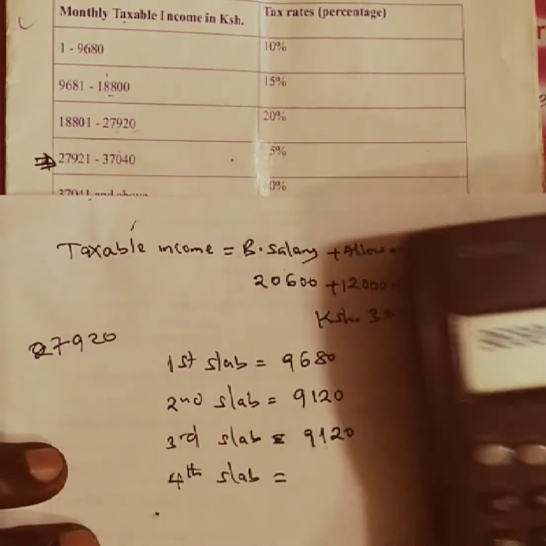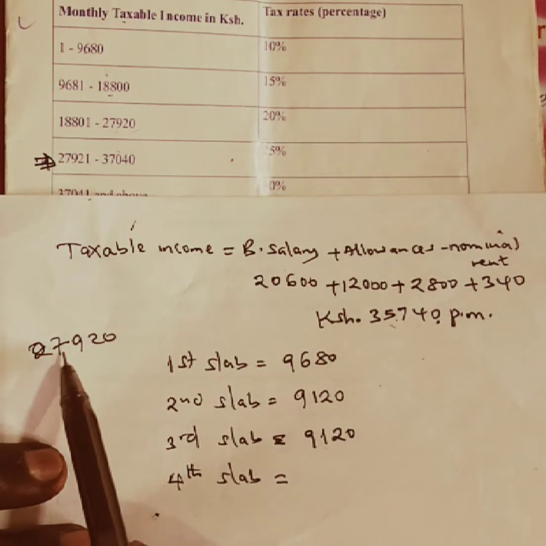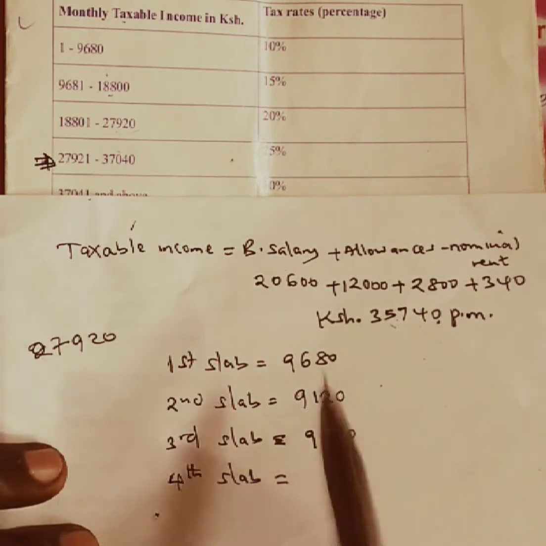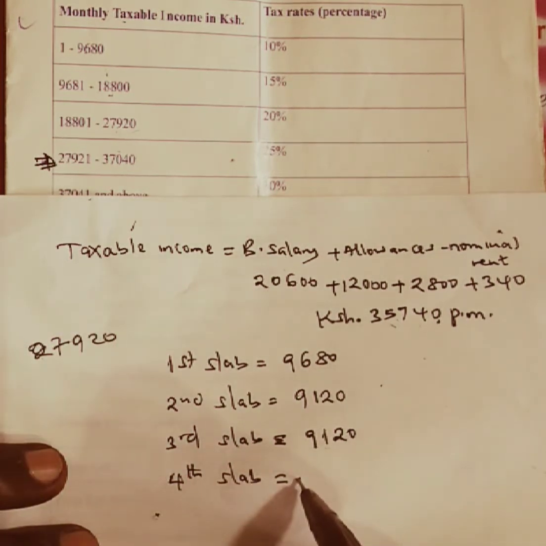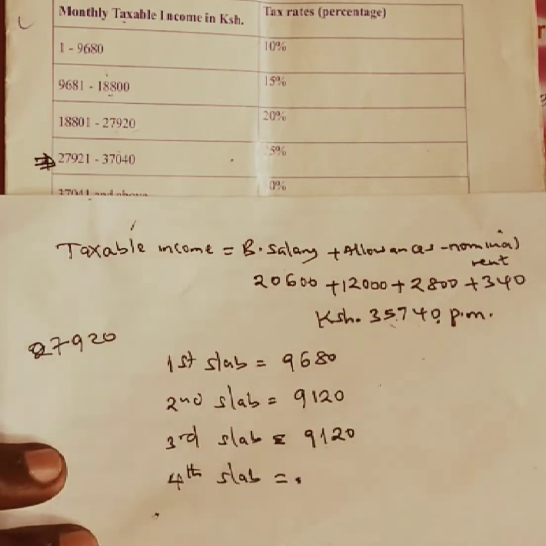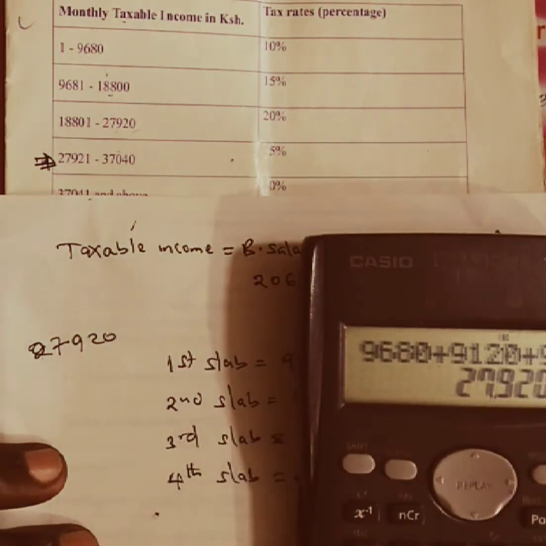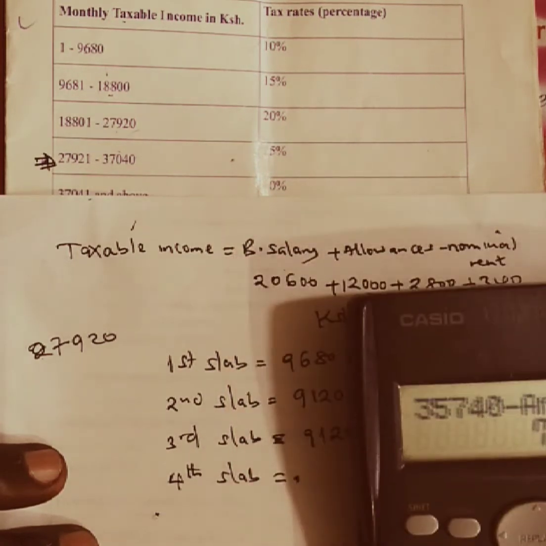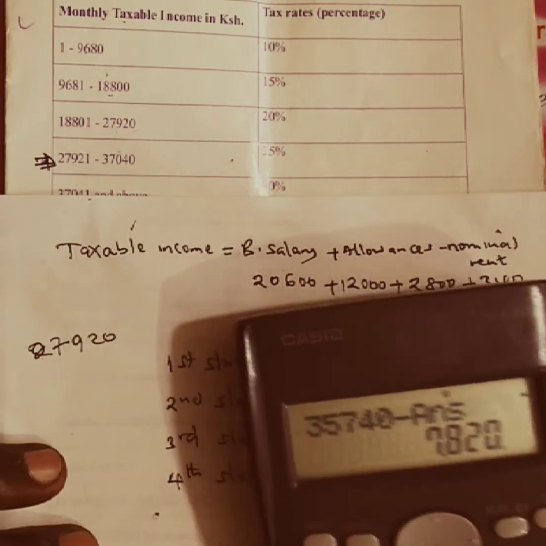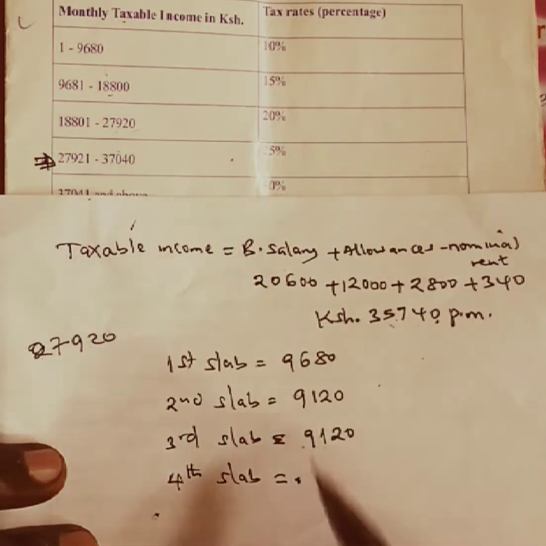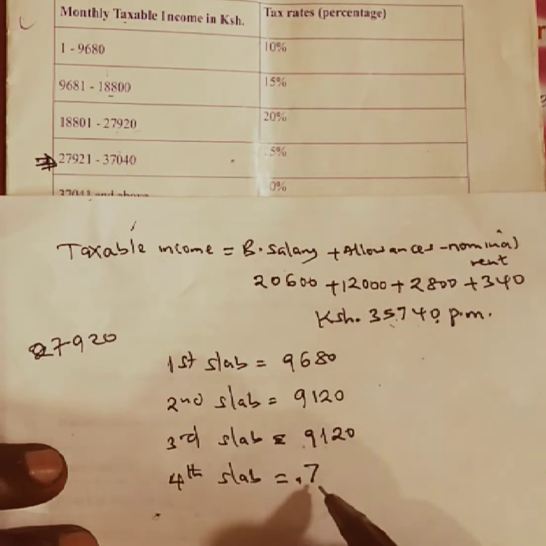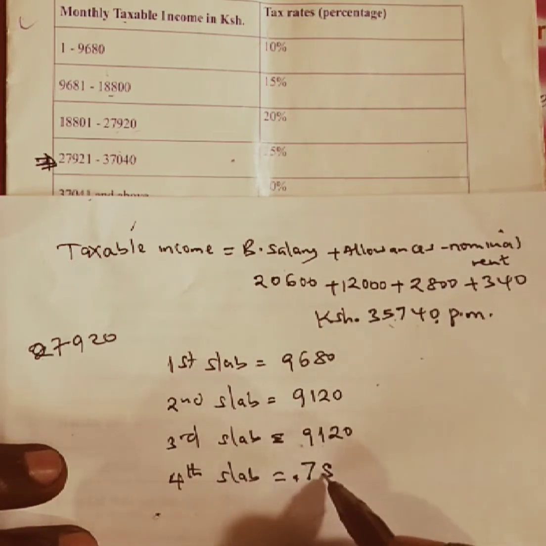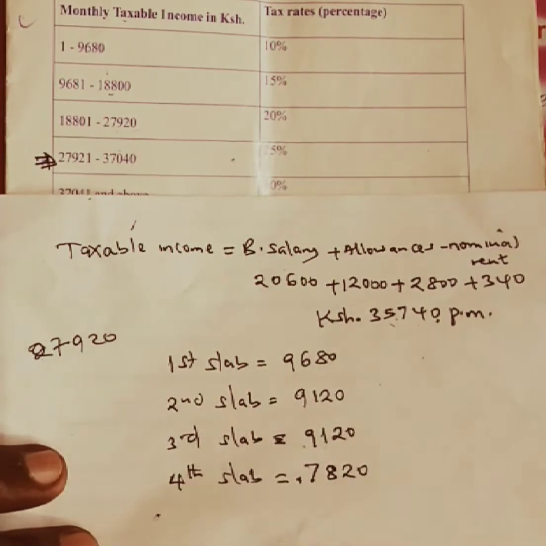This is the amount we have so far taxed, and we want to know the amount that is remaining for us to go and tax it in the remaining bracket. So if you take 35,740, you minus 27,920, you get 7820. So the amount that is remaining to be taxed in the fourth bracket is 7820.